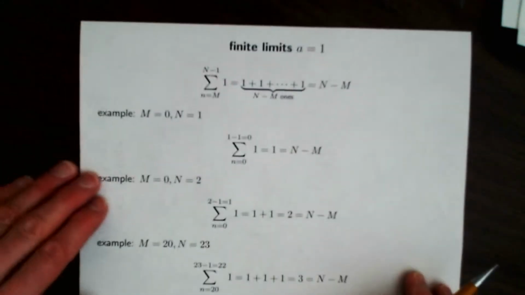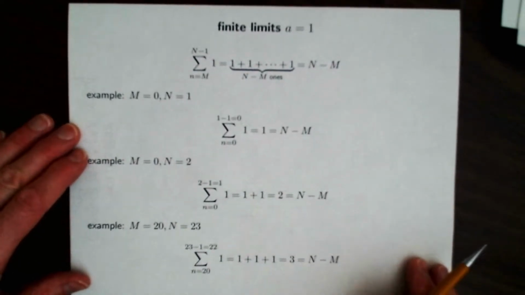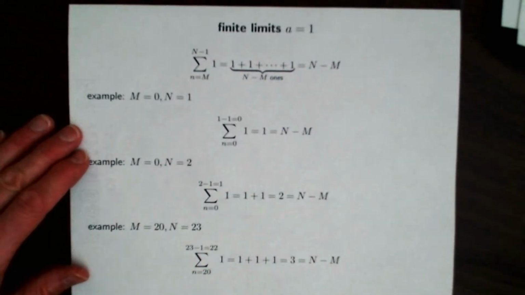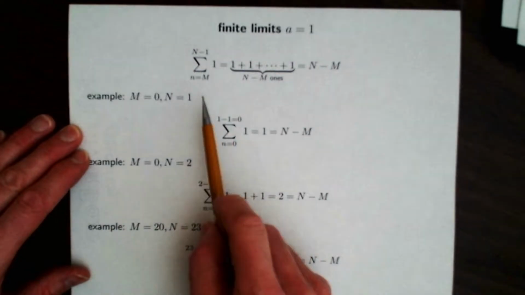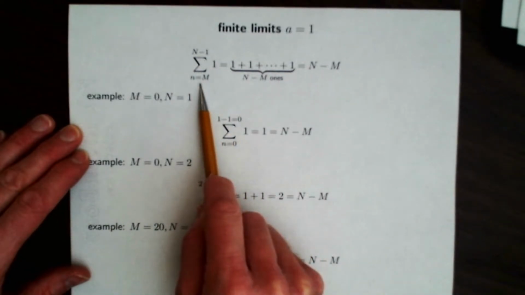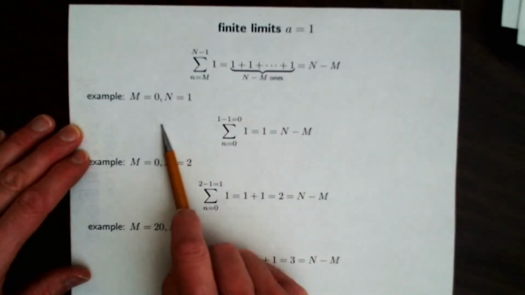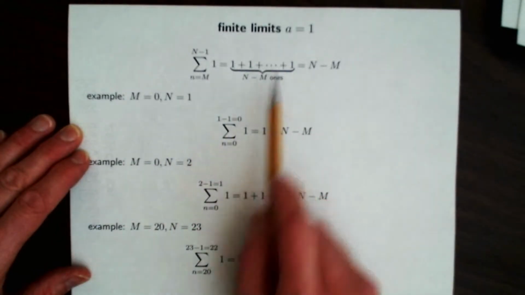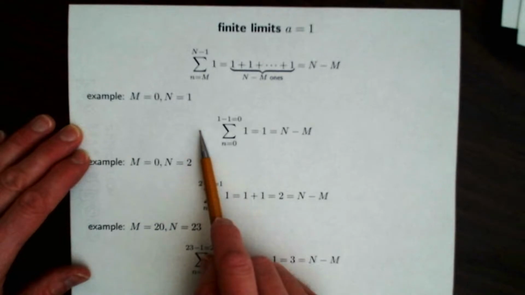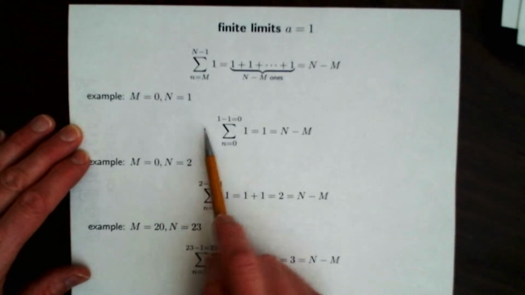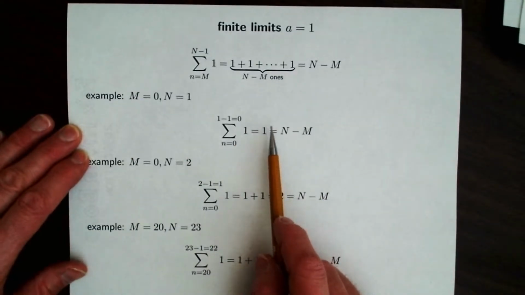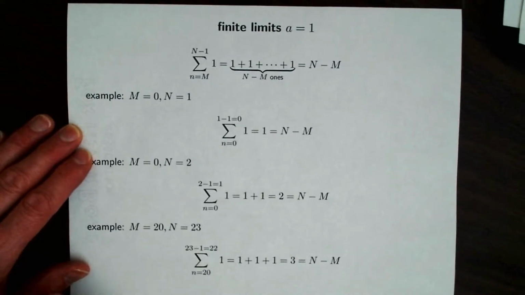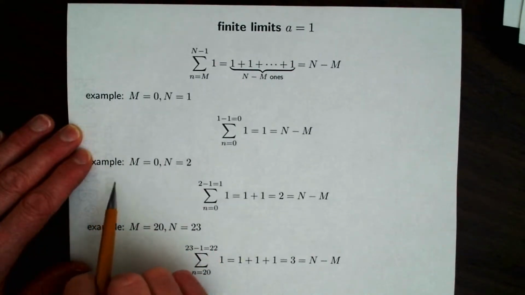First of all, let's take a look at the situation where we have finite limits and a is equal to 1. So here we have that sum expanded out, all the terms written out explicitly with dot, dot, dot. And if you just count the number of terms, it turns out to be n minus m. To see that that's the case, we'll look at a few examples here.